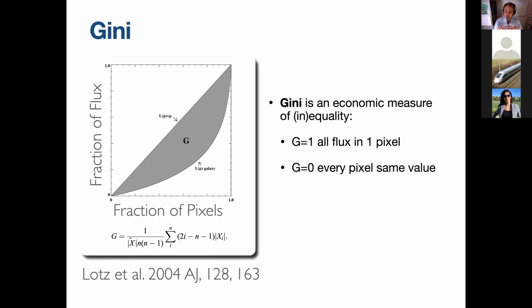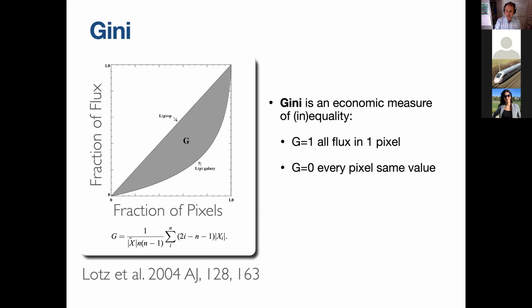Say we have the population of Kentucky, and we ask how much of the total wealth of the Commonwealth everybody has. In our case, the fraction of pixels is the population, so you look at the fraction of the population against the fraction of the total amount of money.